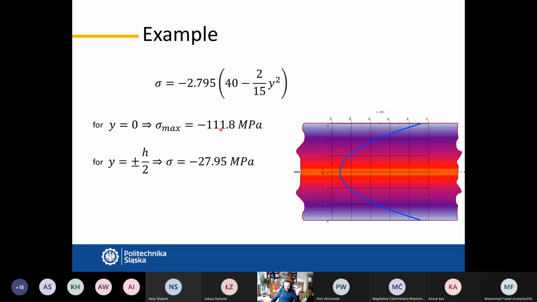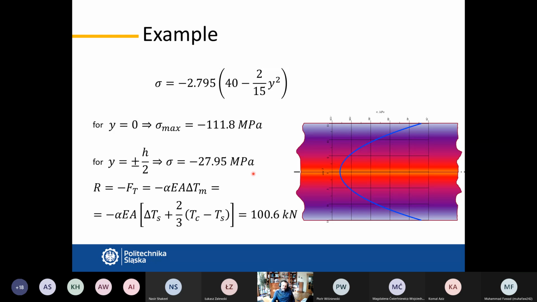That's why we observe stress distribution in this object. And the thermal force, which reacts on the walls, resulting from the stress distribution from the temperature distribution, would be about 100 kilonewtons. So this is the constrained bar.